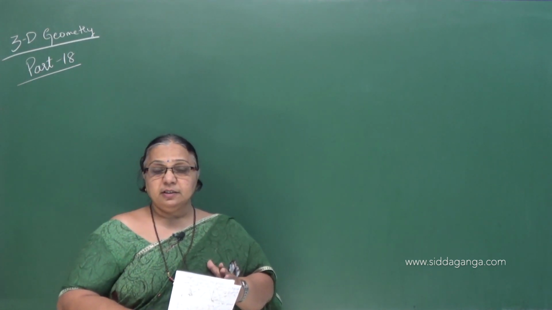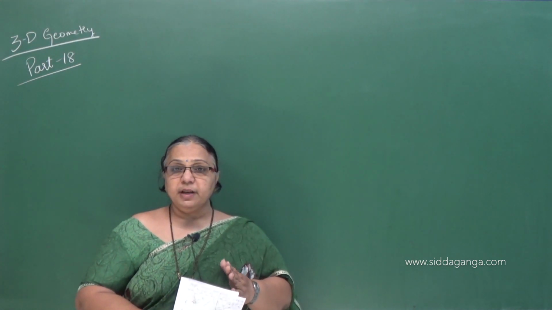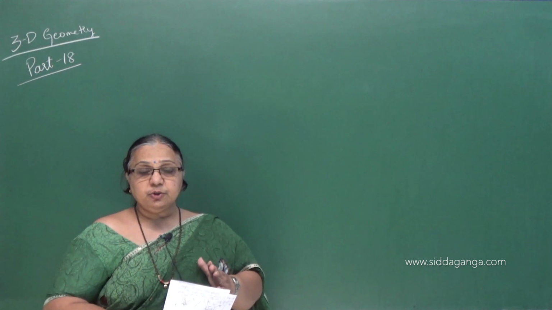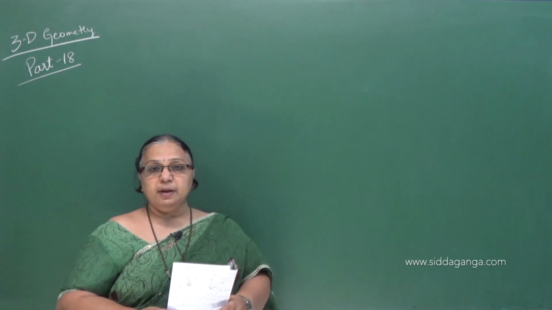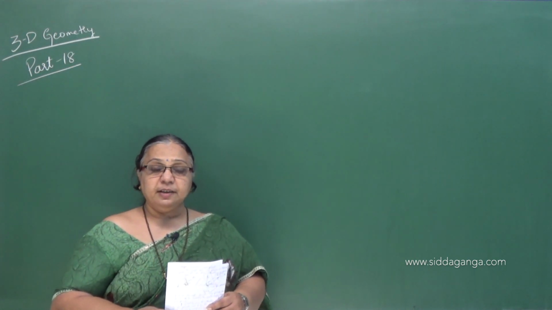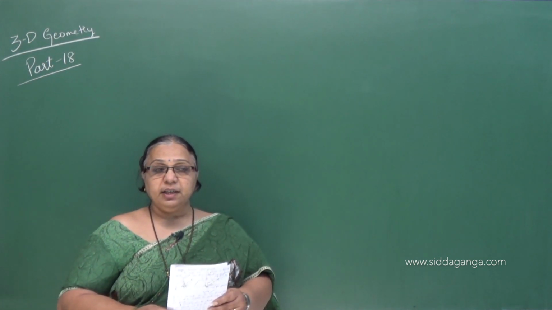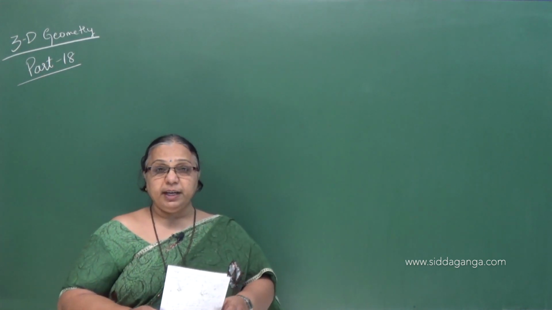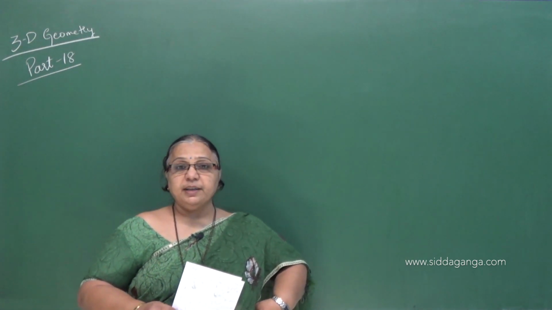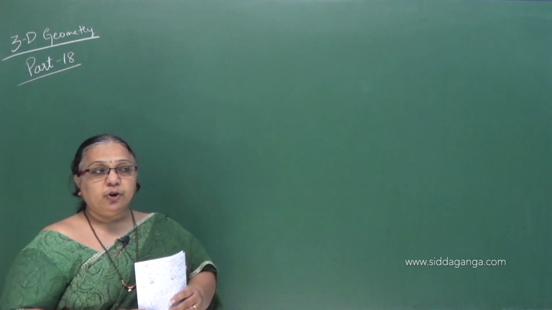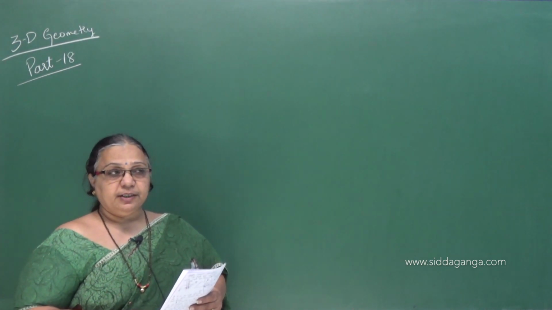We know that for the equations of the planes we have to consider the normal vectors drawn to the planes, and find the angle between them using the formula cos theta equal to the modulus of n1 vector dot n2 vector divided by magnitude of n1 vector into magnitude of n2 vector.